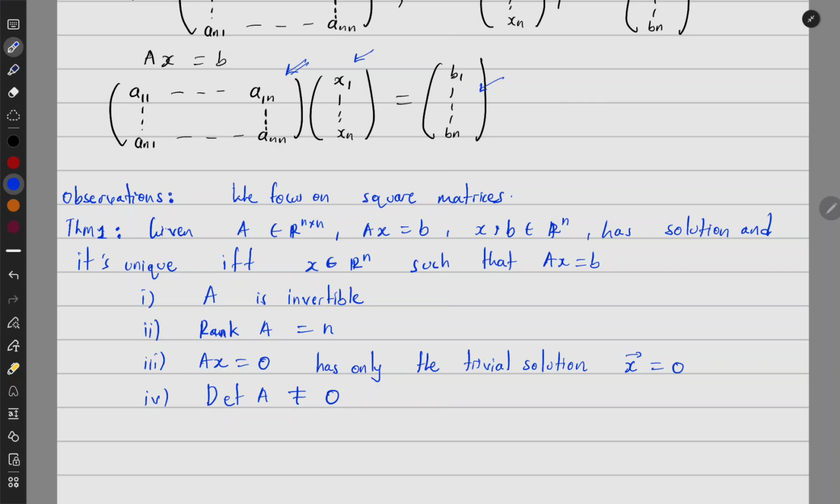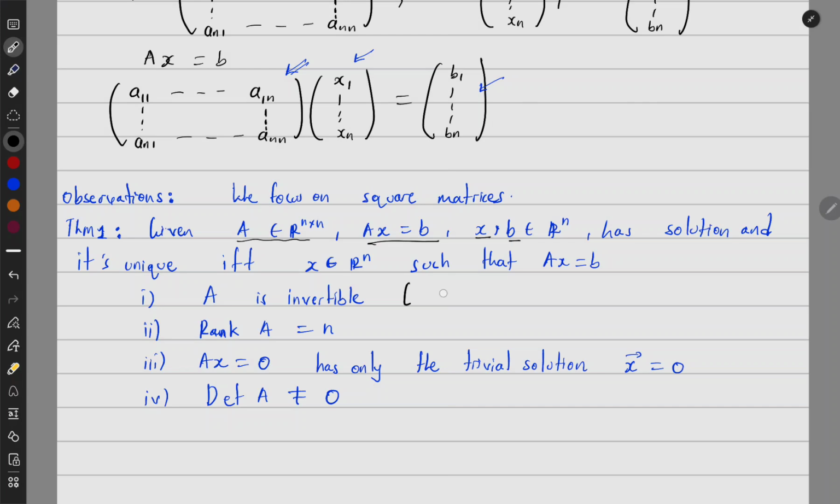So the first theorem is that given A, a square n by n matrix, with linear system Ax = b where x and b are vectors, this system has a solution and it's unique if these are satisfied. One of them is that A is invertible. What do we mean by A being invertible?